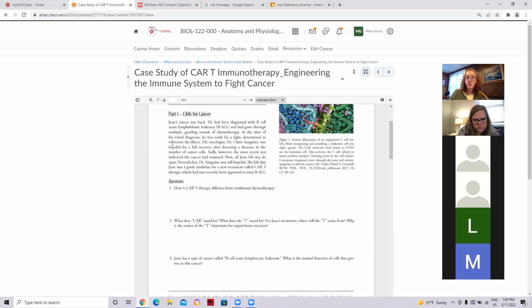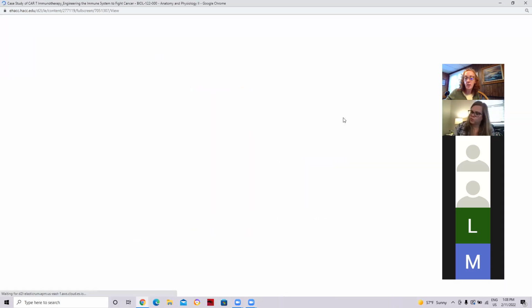What do you know about T cells? What do you remember about T cells from this morning? They involve the production of lymphocytes. And how do they do that? How do they get activated?